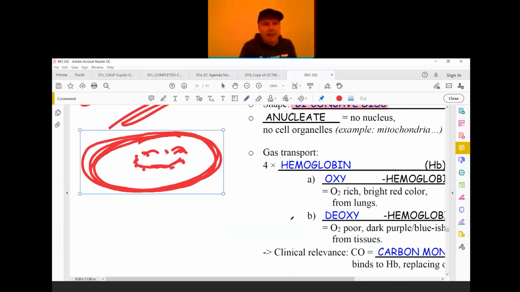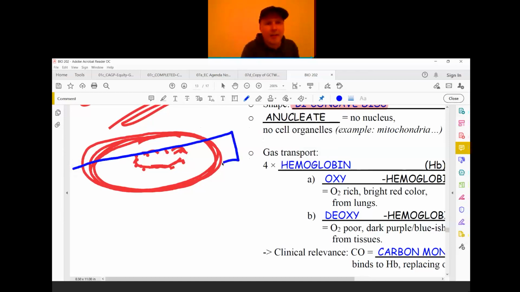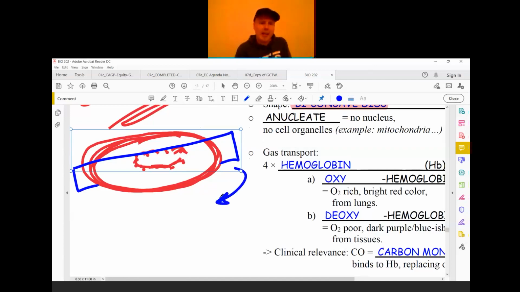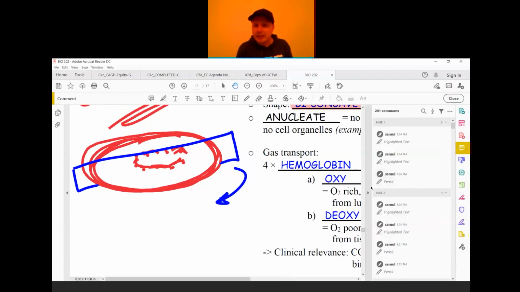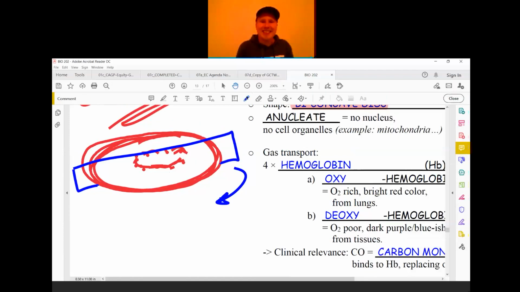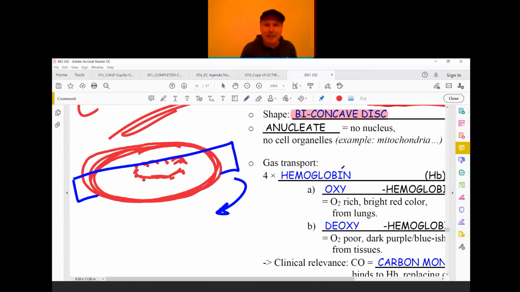This term biconcave disc comes from, if we take a cross-section of this red blood cell that we just drew, let's cut it in half along this plane. So the cross-section of a single red blood cell is going to look like this.